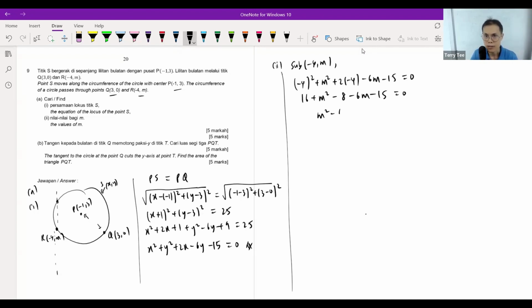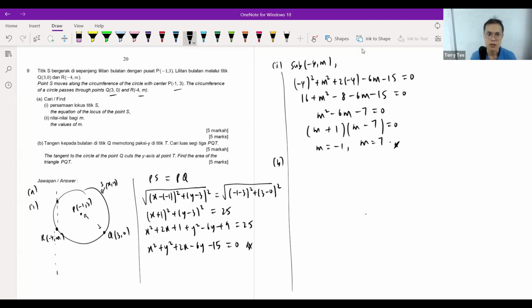Your m squared minus 6m, your 16 minus 8 is 8. 8 minus 15 is negative 7. We double bracket factorize. 7, 1, minus, plus. To get negative 6, you must use minus 7 and positive 1. Your m is either negative 1 or positive 7. So these are the two possible values of m.